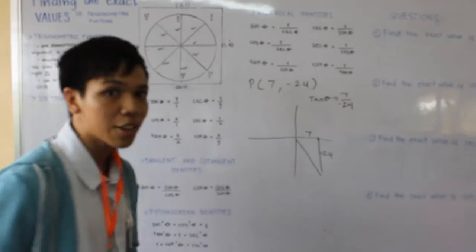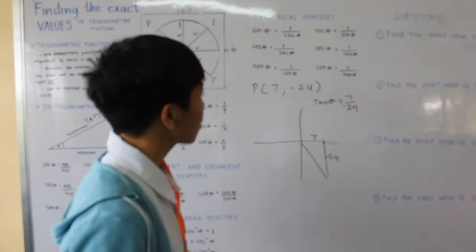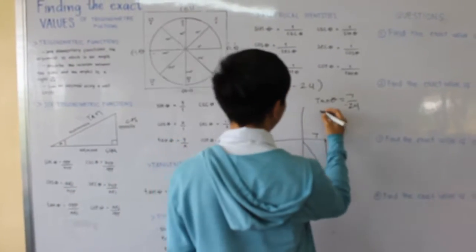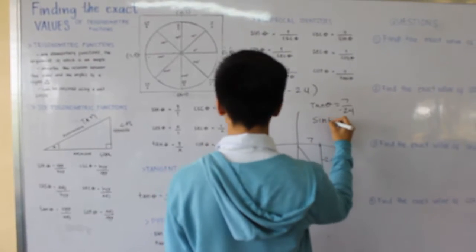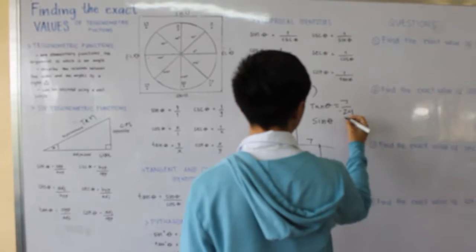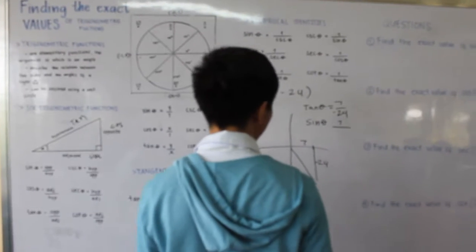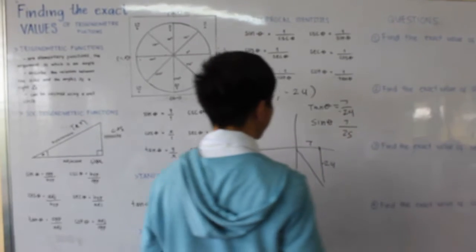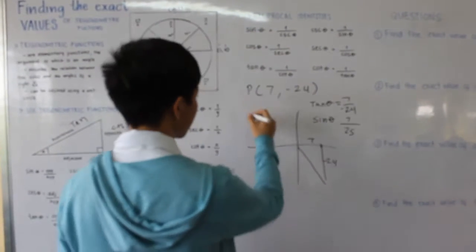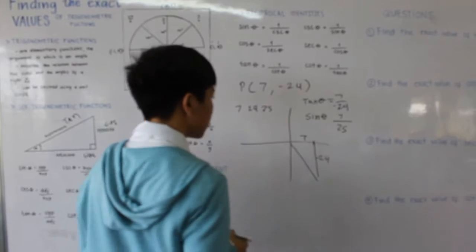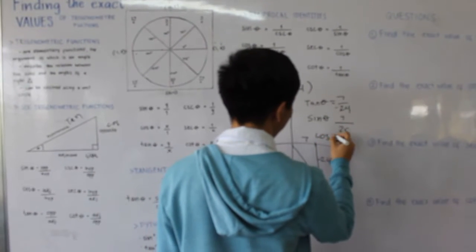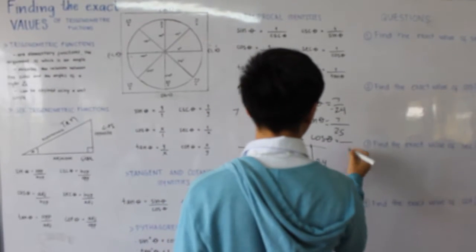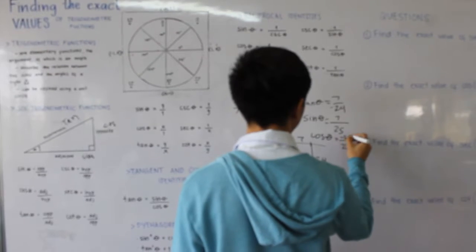So we can find the other 5 values, the cotangent, cosecant, cosine, secant, and sine. So for sine, we can use the opposite side, 7, and 25, because it is in the Pythagorean triplets, 7, 24, 25. And for cosine theta, this is equal to 25 and negative 24.